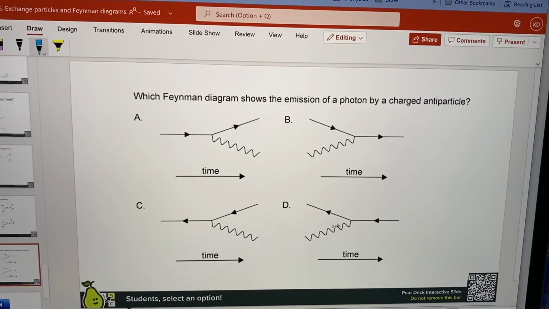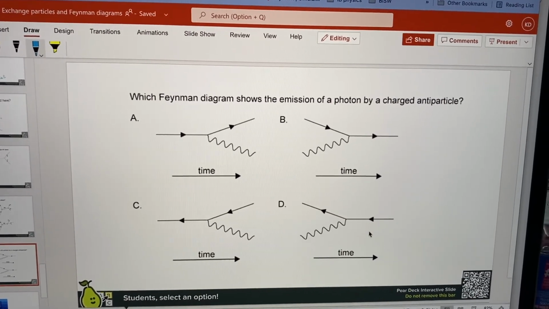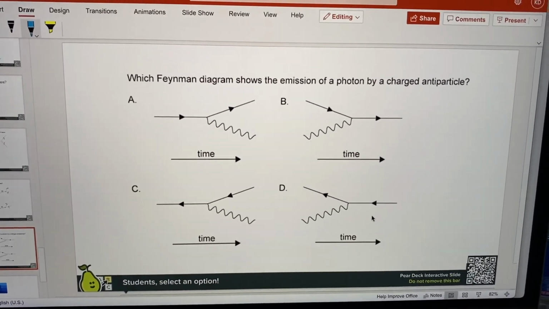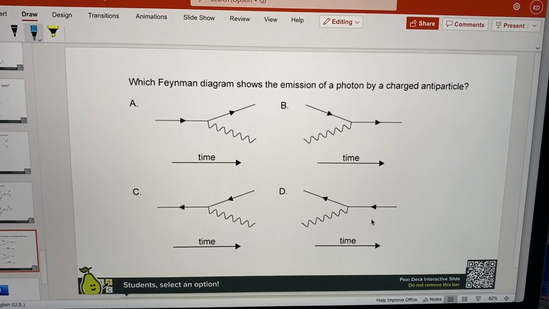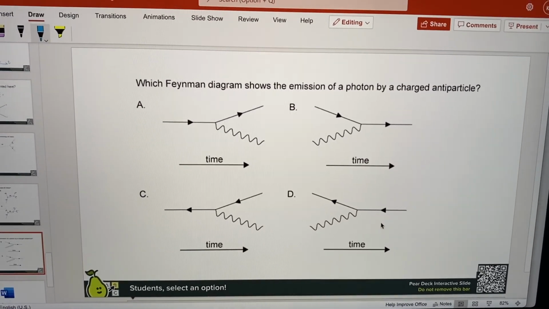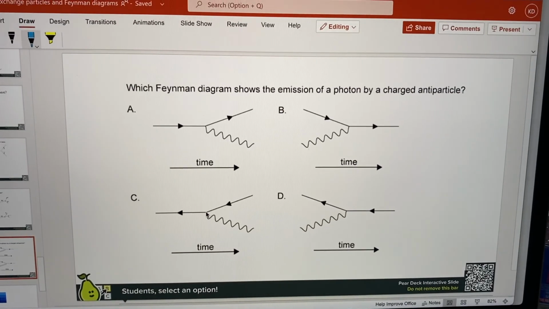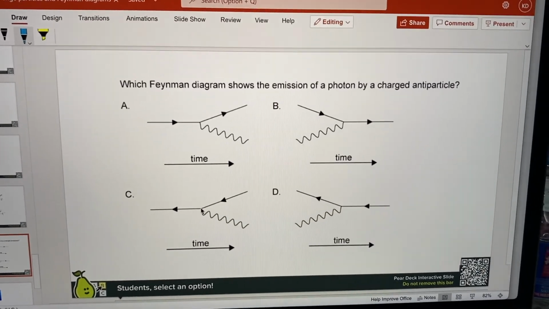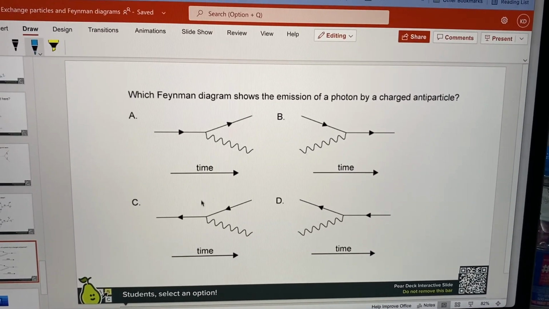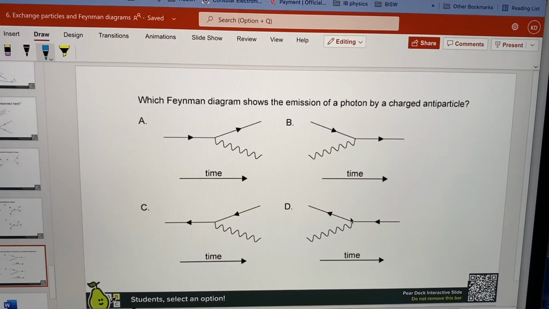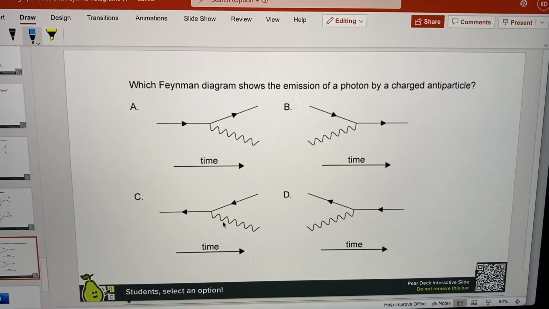So that narrows it down to C or D. We are looking at the emission of a photon by a charged antiparticle. So we're going to look at the vertex where they meet, and we know that the photon, the wiggly line, has to come after that point in time. So hopefully you can see it's C, whereas in D it's before. So that's absorption. So C is the emission.